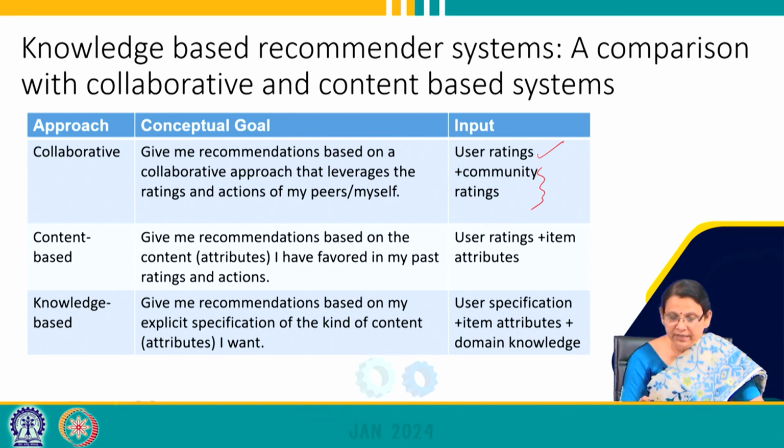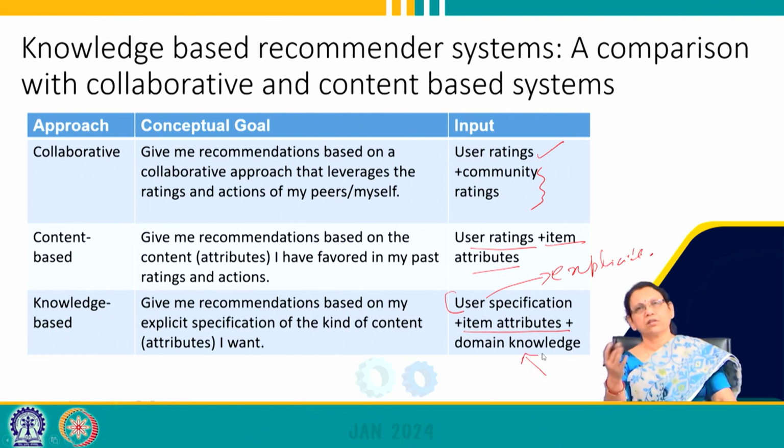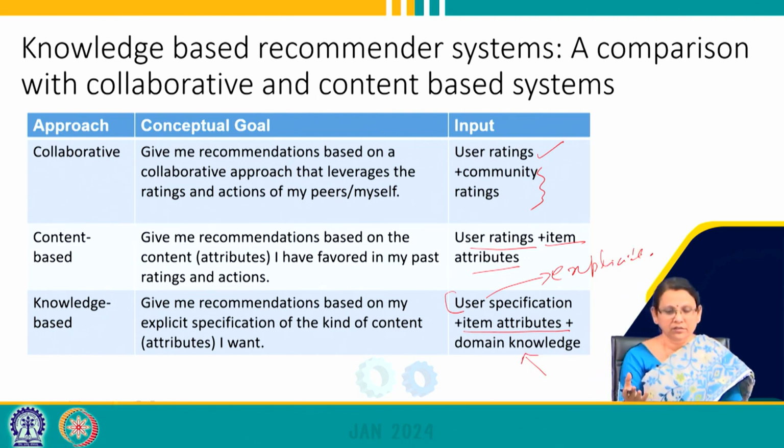In case of content based, we are using item features and user rating, and in case of knowledge based, we are using item attributes, user specifications collected explicitly, and domain knowledge which is infused based on some other sources.